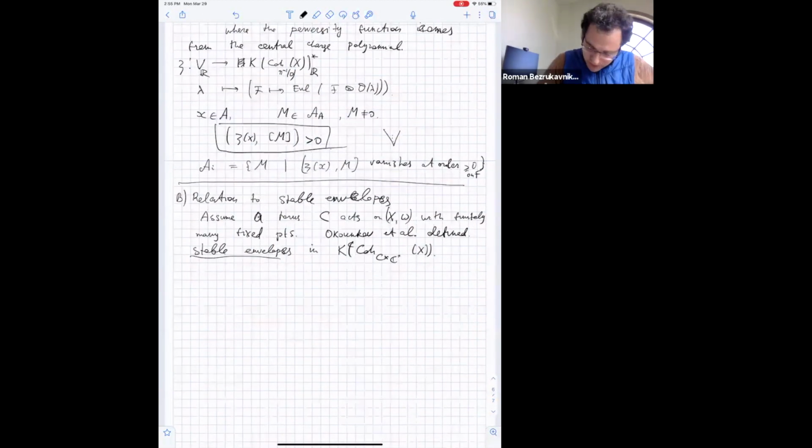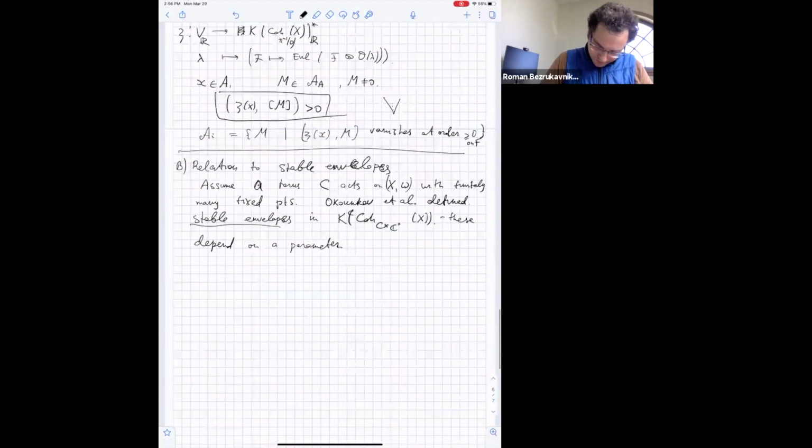But this depends on a parameter theta, which essentially runs in our space U tilde, real points.